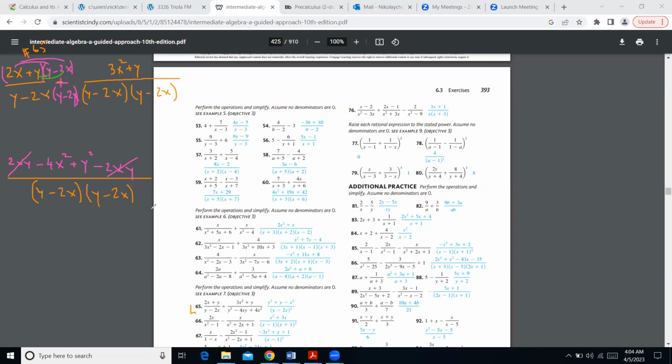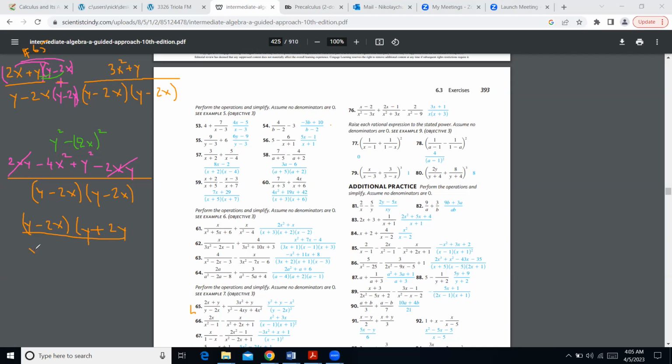So what else do we have here? Well, it looks like my numerator can be factored, isn't it? Because it's actually y squared minus 4x squared, or minus 2x to the power of 2. So I can factor this, and notice that when I factor it as y minus 2x times y plus 2x, then one of these factors is exactly the same as we have on the bottom.